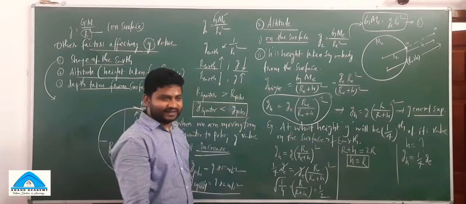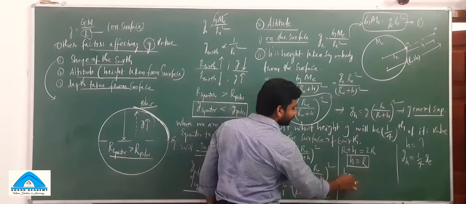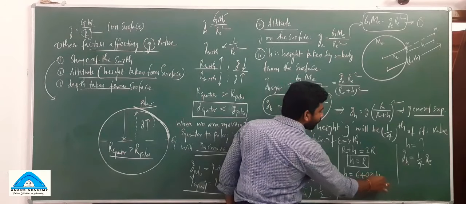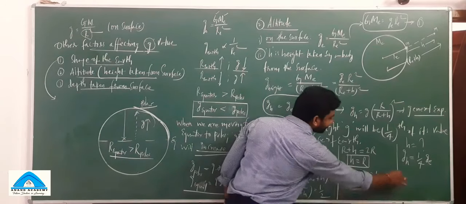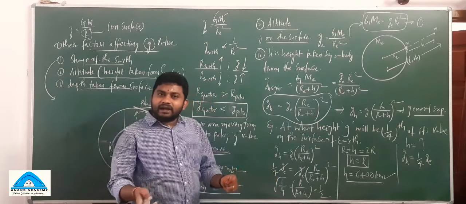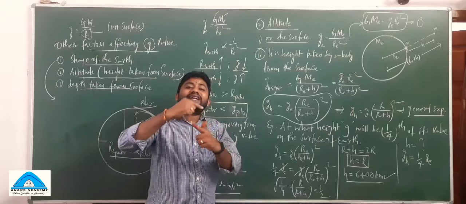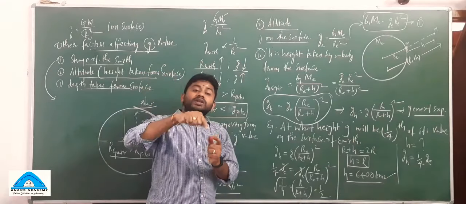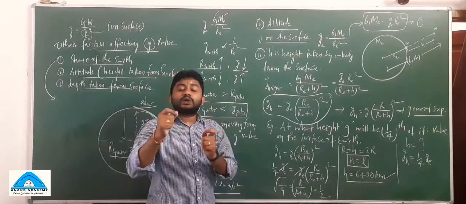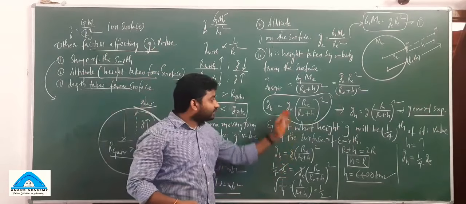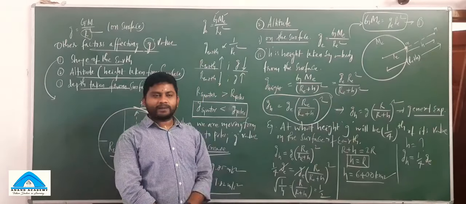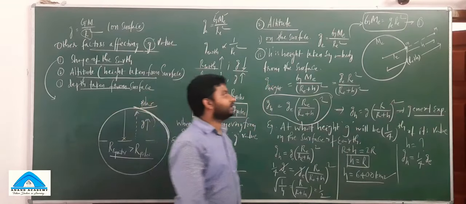What is the radius of the earth? They will give the radius of the earth, you know. So the radius of the earth is 6,400 kilometers. See how effectively we have found the answer. When the body is taken to a height equal to the radius of the earth, meaning 6,400 kilometers, acceleration due to gravity decreases. Look at the interesting thing.